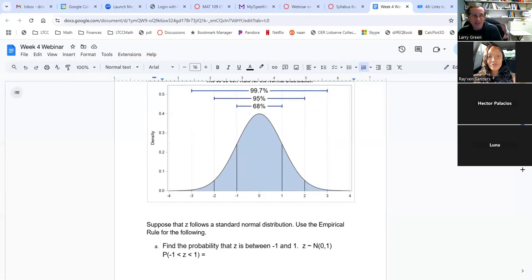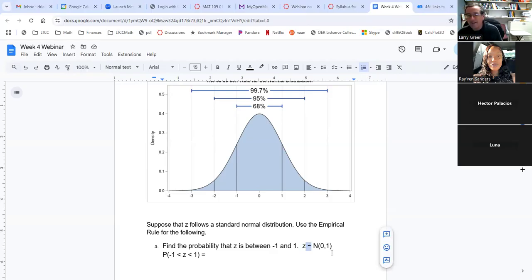Okay, so let's see if we happen to have a standard normal distribution, find the probability that if you randomly pick something out of a standard normal distribution, that you're going to get between -1 and 1. Okay, and I want to show you something. The way you write the distribution, first thing we're going to use the letter Z for the standard normal distribution. And then this tilde, we did this last week.